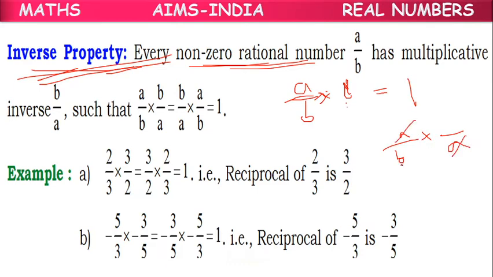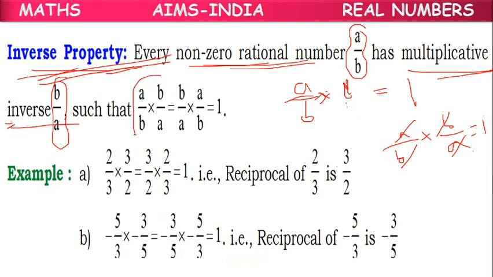In the denominator b is there, so in the numerator if b is there, b gets cancelled. So the answer will be 1. That means if we have a by b, then its multiplicative inverse should be b by a.